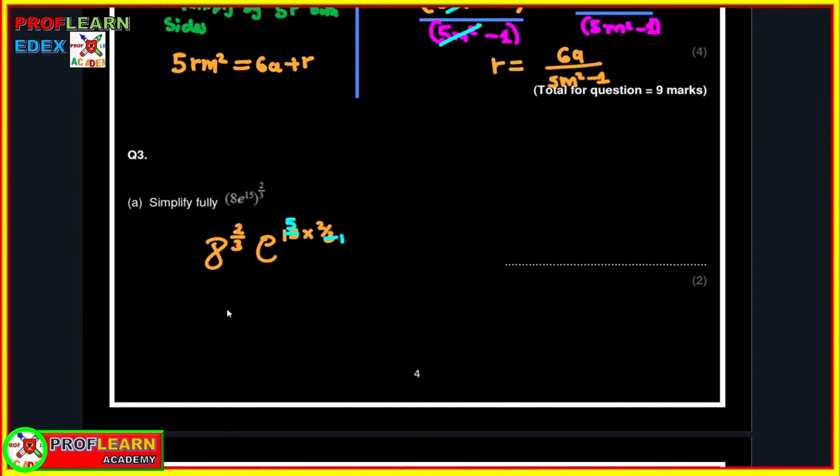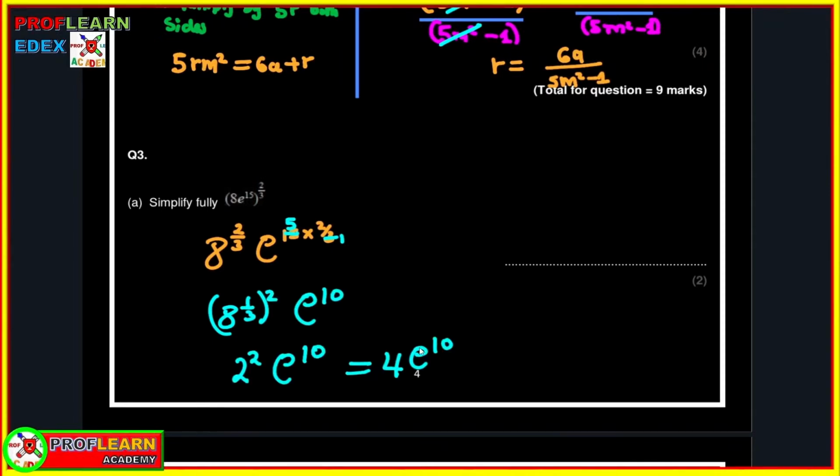But 8 raised to power 2 over 3 can be written as 8 raised to power a third, then 2 is outside. But remember, 8 raised to a third is the same as the cube root of 8. So this is going to reduce to that, because the cube root of 8 is 2, then you square that 2, and finally we have our answer: 4e raised to power 10.